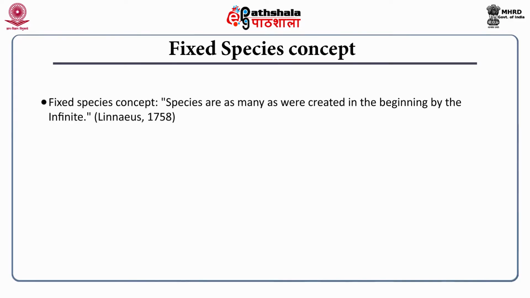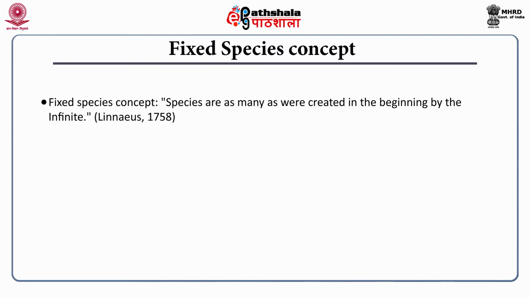The fixed species concept used to be popular before the theory of evolution by Charles Darwin. The fixed species concept is that the species is thought to be fixed. It's not a dynamic entity, but static, because in earlier days the prevailing theory of how life on earth as well as its biodiversity originated was through creation. God created everything in one go.